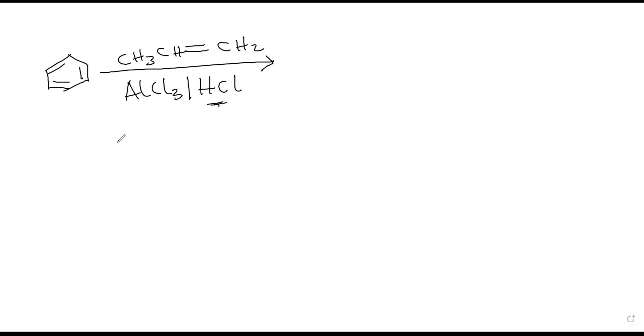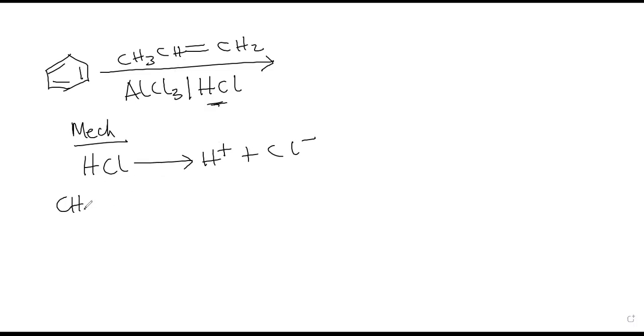So we shall have the mechanism. The mechanism will be HCl, first dissociating to form hydrogen ion and chloride ion. After forming this, then we shall have the propene, that is CH3, CH, double bond, CH2.